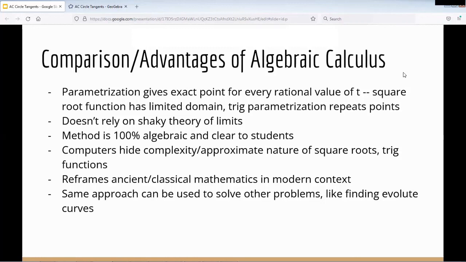So in conclusion, I think it's fair to say that this approach at least deserves a seat at the table. Okay, maybe you're not convinced that it's superior or that we should throw away all of calculus, which is not what I'm saying, but I think that students of mathematics ought to be exposed to this kind of approach to what is a very simple problem.